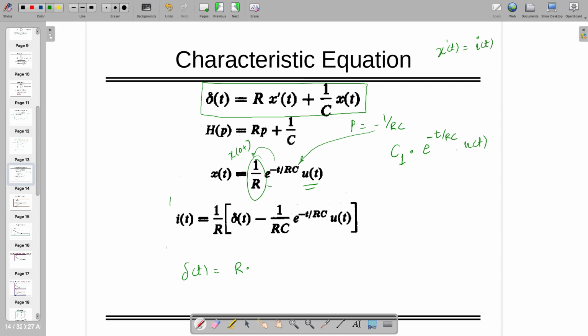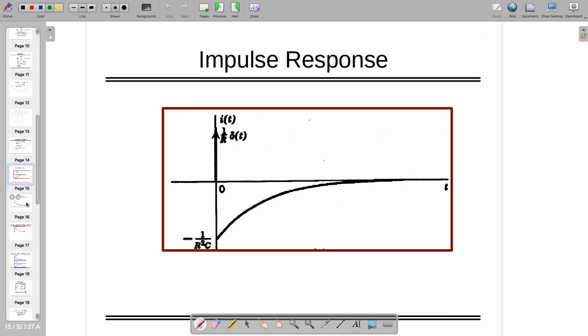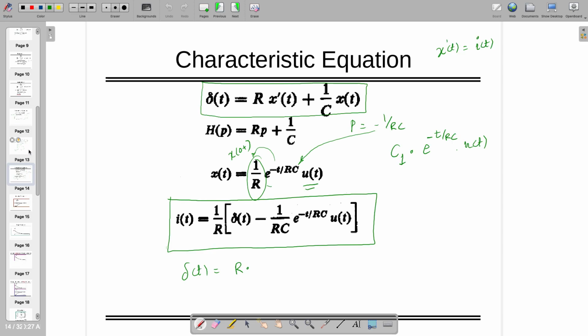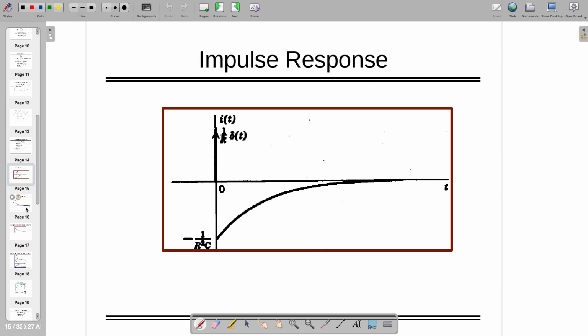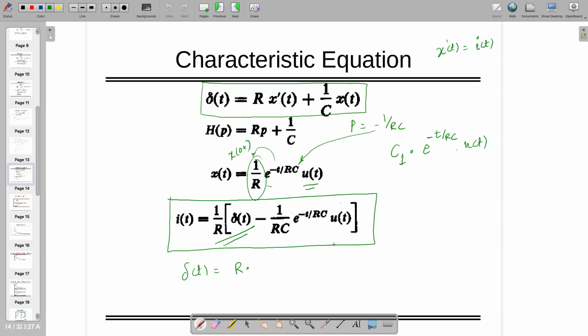If you follow this, then you must have derived such an equation maybe in the past in terms of v, but I'm deriving everything in terms of i because v is sometimes difficult. If you know such things, there are two terms available. One is 1 by r times delta of t, and one is minus 1 by r square c e raised to minus t by rc times u of t. So when I'm drawing, the impulse response is nothing but this one, i of t.